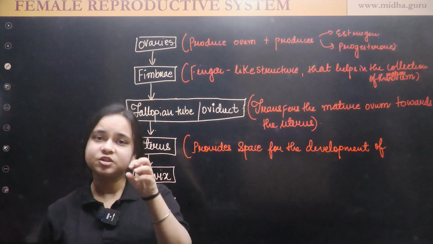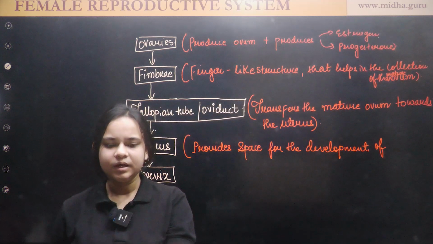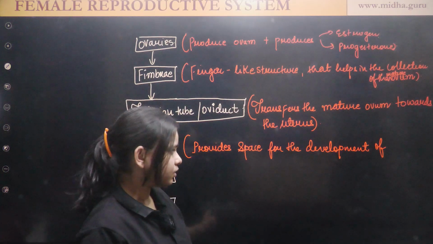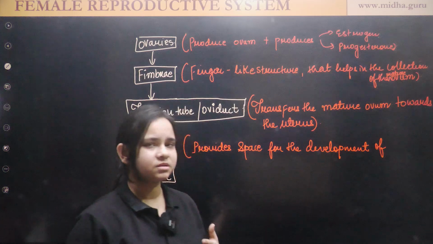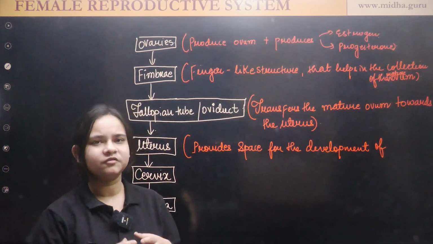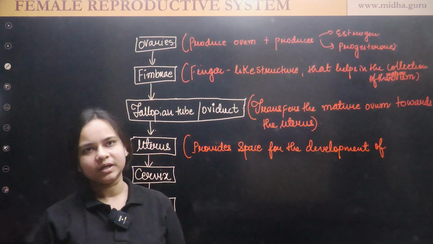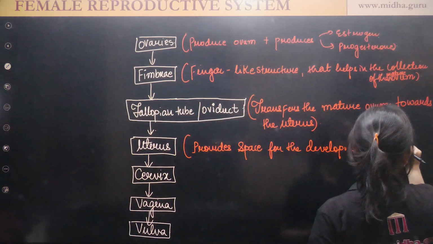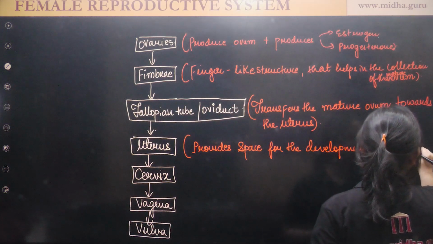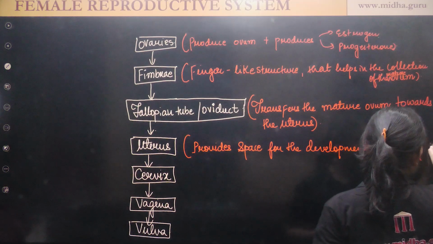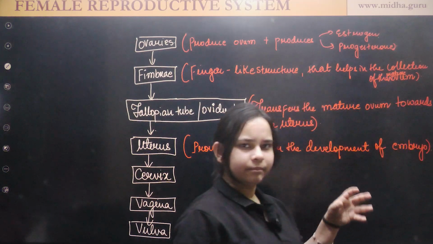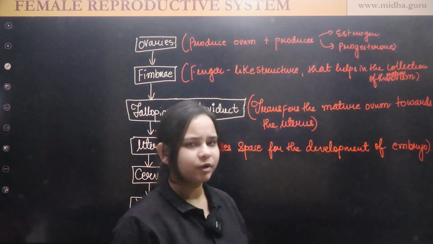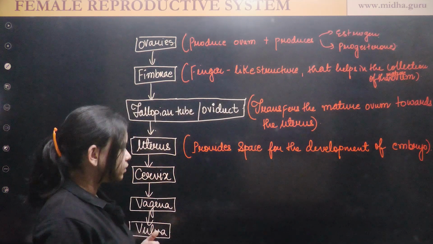The embryo which has got implanted inside the uterus endometrium, it provides space for that particular embryo, because many times the embryo does not get implanted because of fluctuations of hormones or some other reason. So it provides space for the development of the implanted embryo. I would suggest mentioning the term implanted embryo. Even if you just specify embryo, that is also going to work.